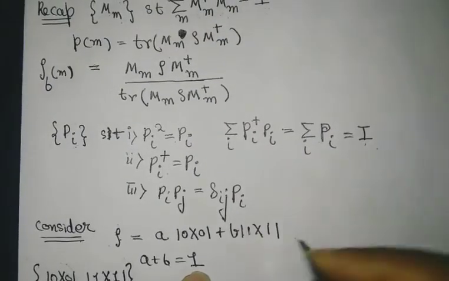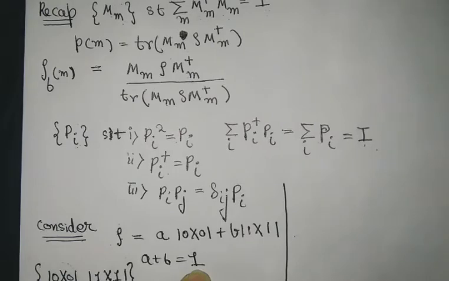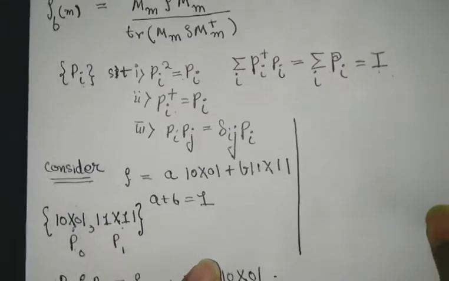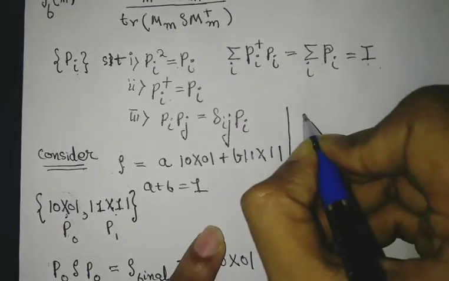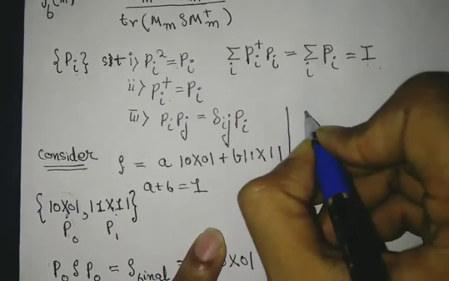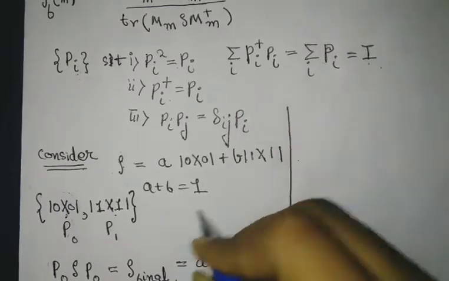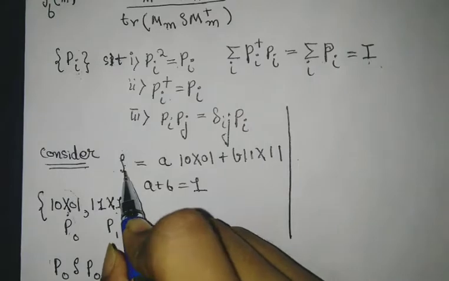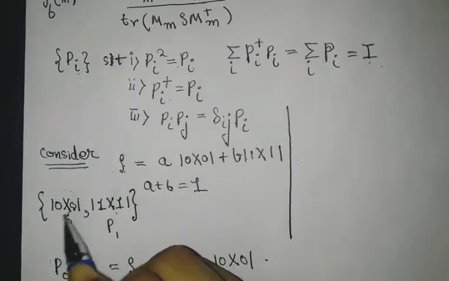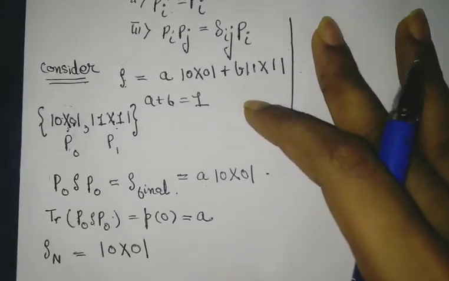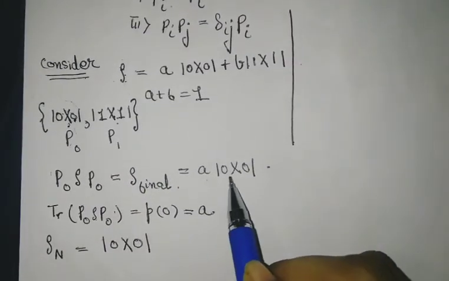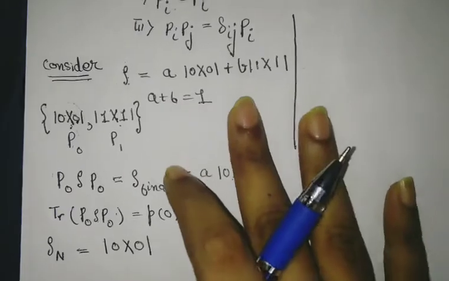You can have a measurement which is called selective measurement. In selective measurement, you take your rho and first act on it with |0><0|. Then your state collapses into this state.